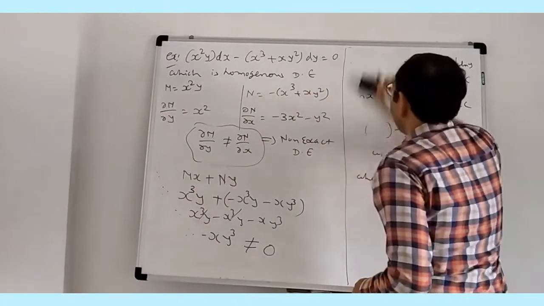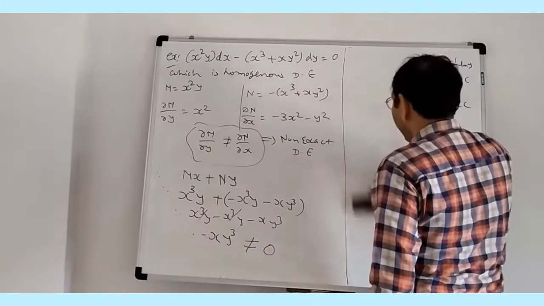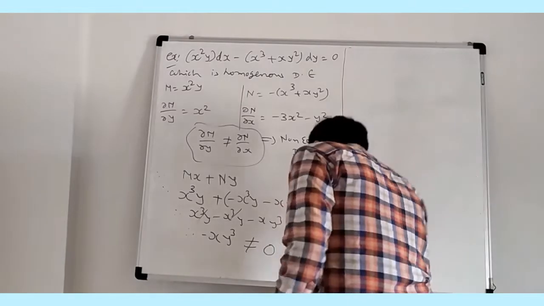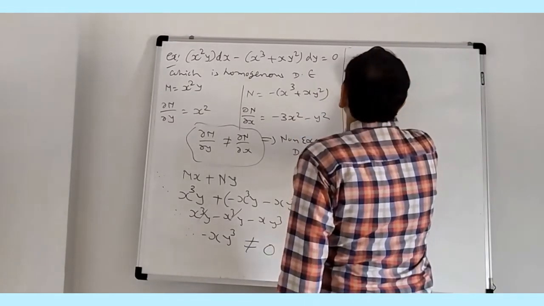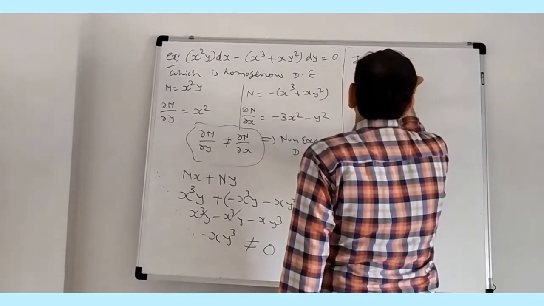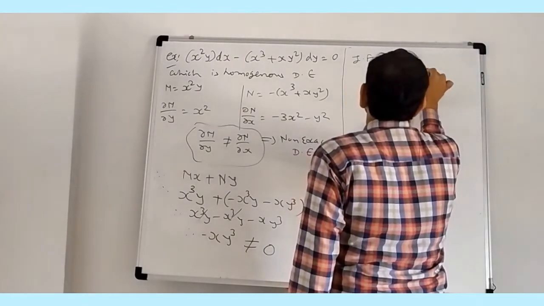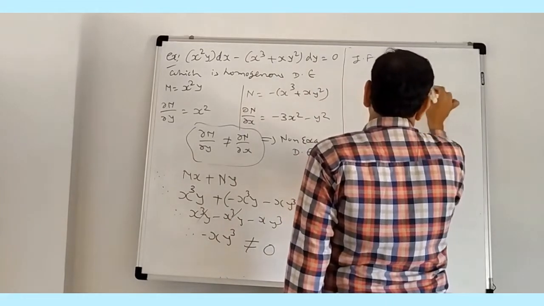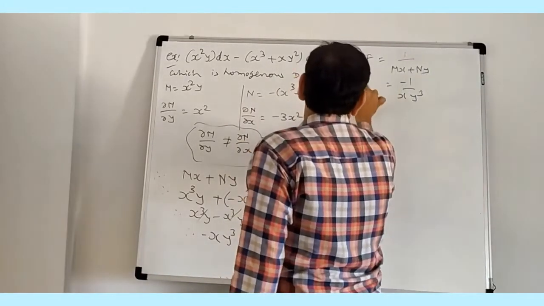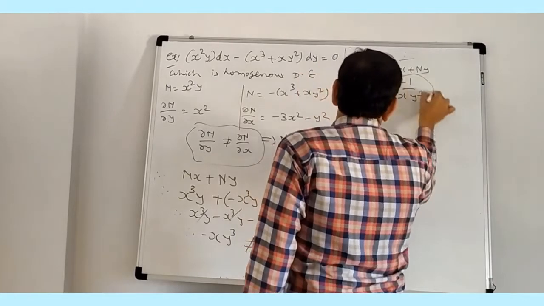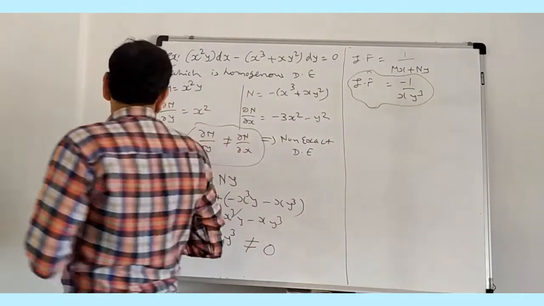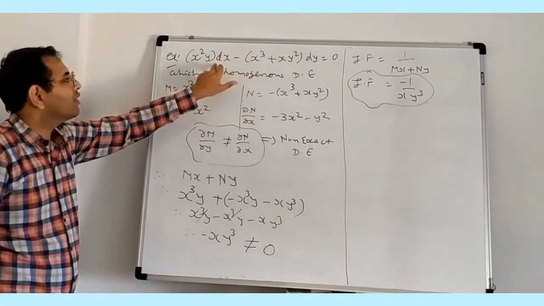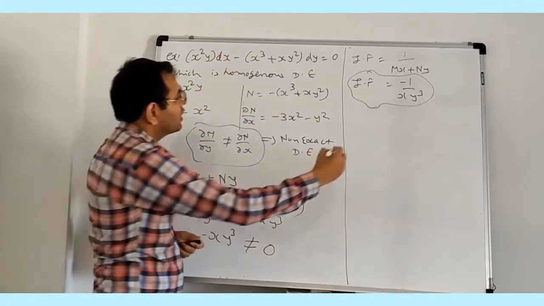Then we find integrating factor, which is 1 upon Mx plus Ny, that is minus 1 upon xy cube. Then for converting the non-exact to exact form, we multiply integrating factor to our given differential equation.